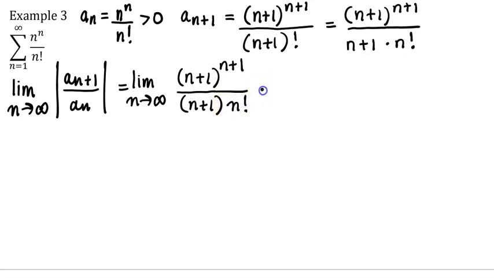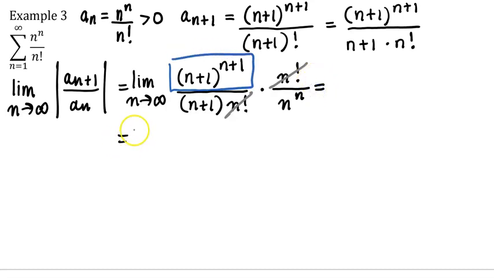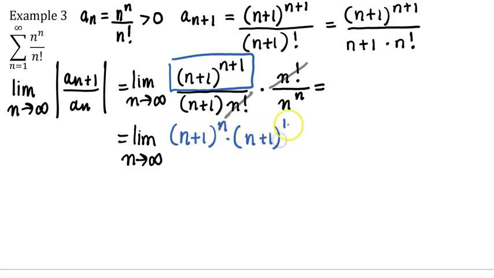And this is being divided by a sub n, so I'm going to multiply by the reciprocal of a sub n. We can start canceling some things. This n factorial will cancel. This n plus 1 raised to the n plus 1 power, I'm going to expand that out a little bit to help us simplify further, because we can write that as n plus 1 to the n power multiplied by n plus 1 to the first power.